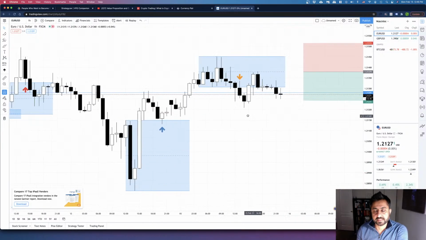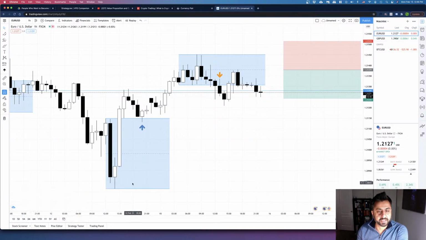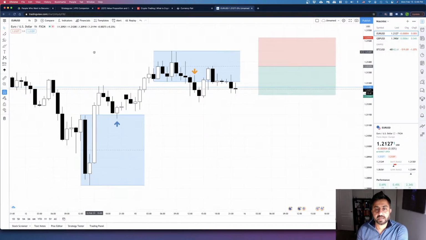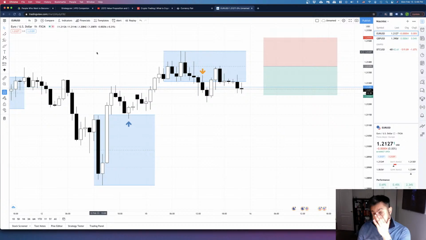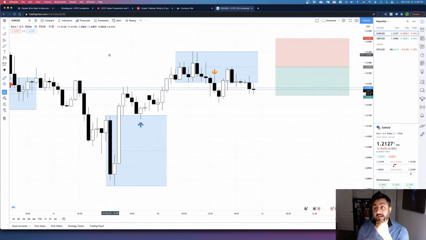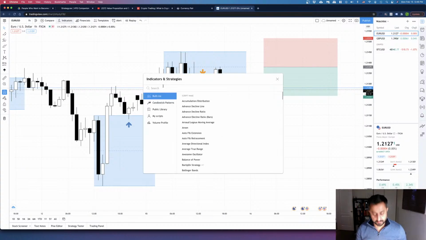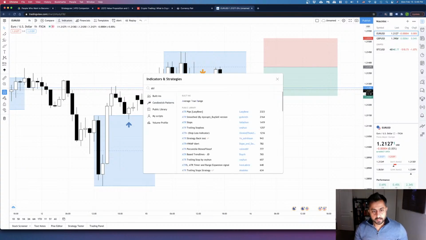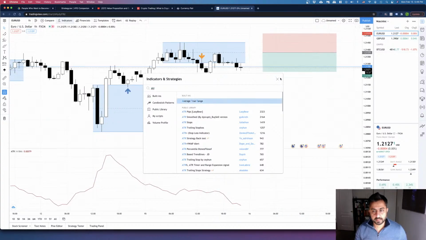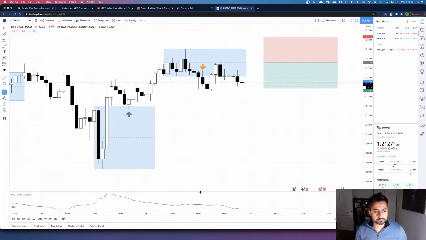For me, if I'm taking a trade, what I look for is ATR. So I'm going to enter that ATR here and put it on the chart.